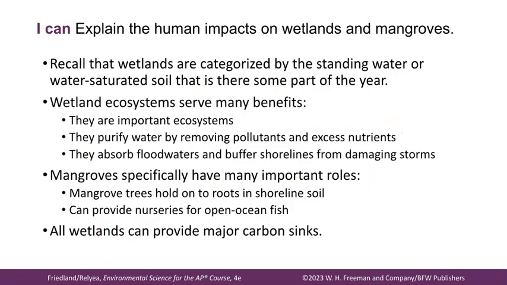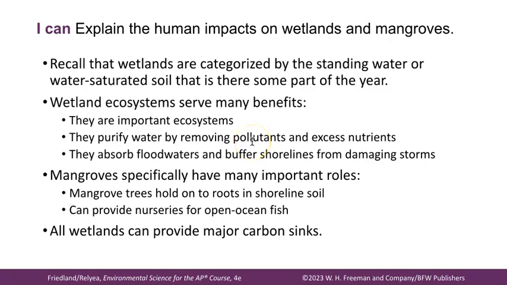All right, let's talk about wetlands again. So remember that wetlands are categorized by standing water or water saturated soil that's there for part of the year or all the time. You want to remember ecosystem benefits here. They're important ecosystems. For humans, they purify water and remove pollutants and excess nutrients.